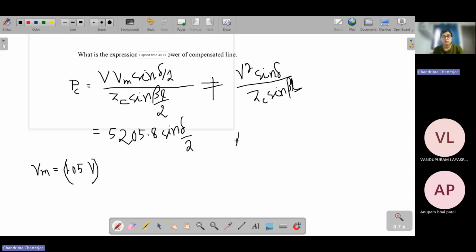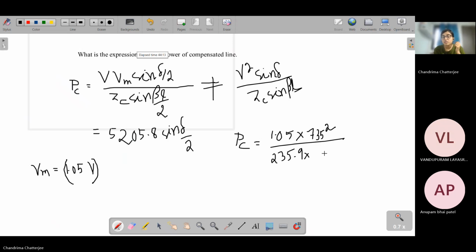So if I just calculate this, I can write 1.05 multiplied by 735 square divided by 235.9 and sin 27.784 degree.